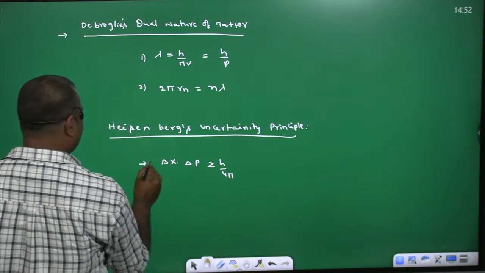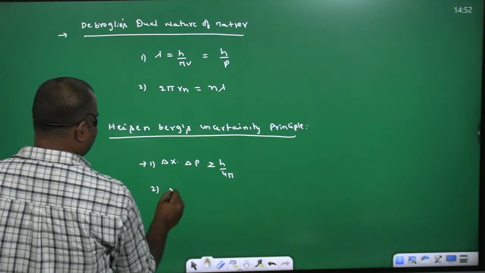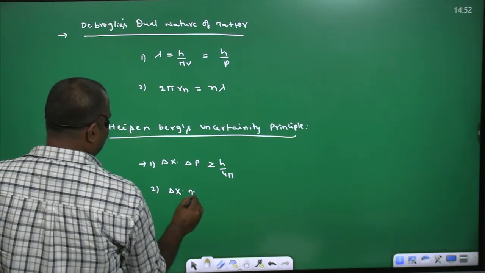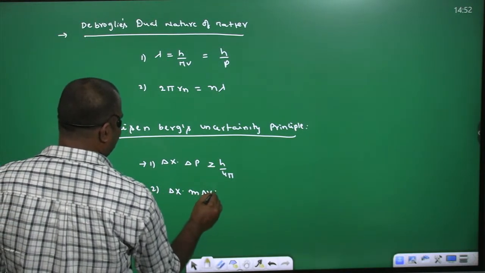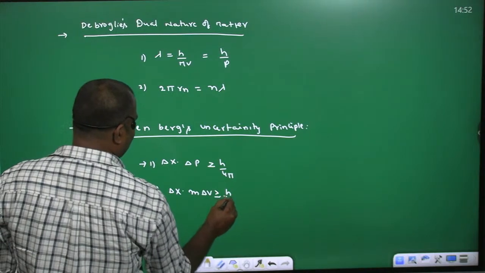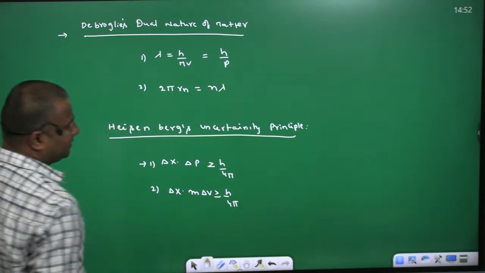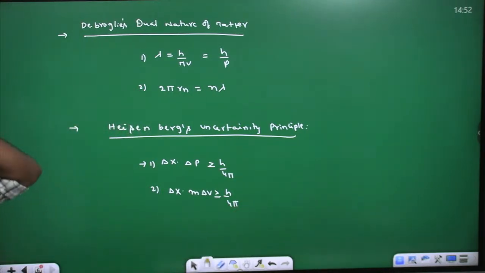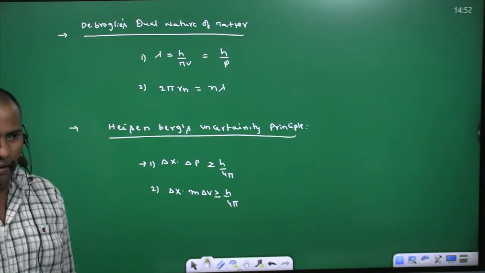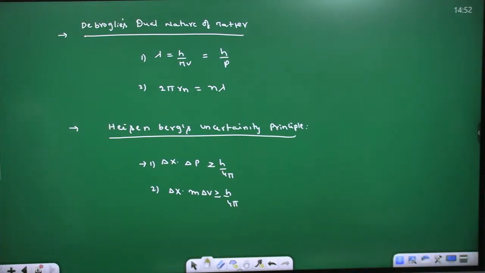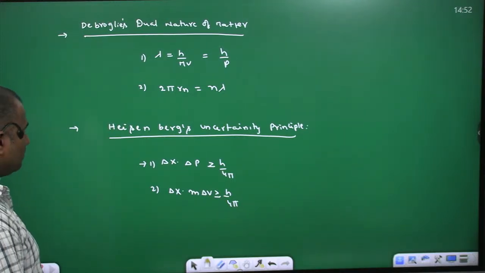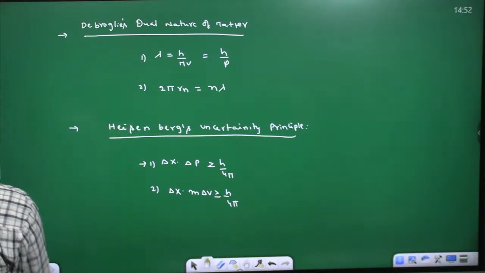Change in momentum is the mass of the particle into change in velocity, so mass into delta x into delta v is greater than or equal to h by 4 pi.